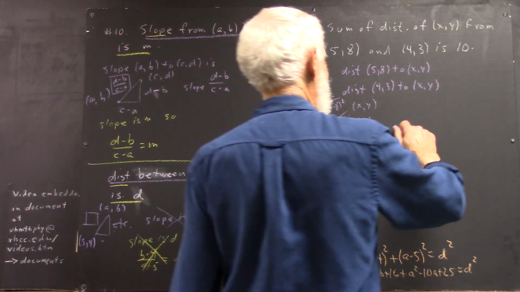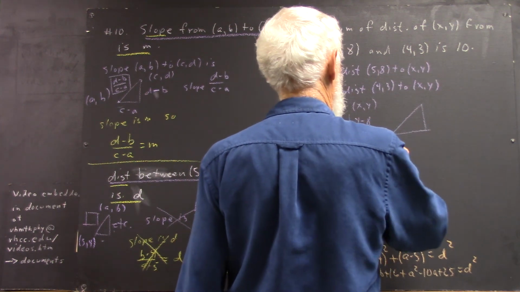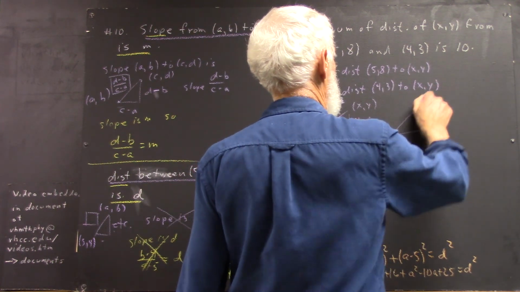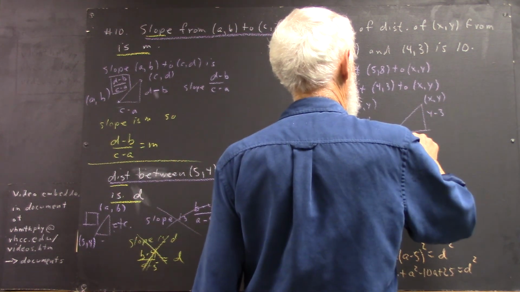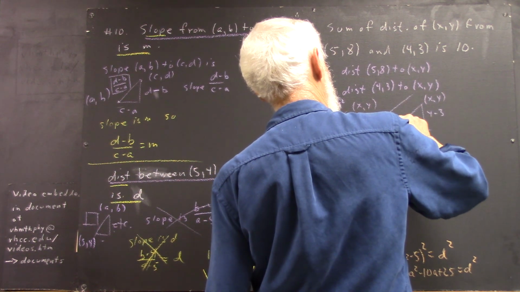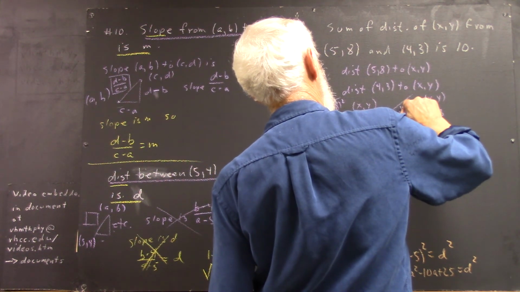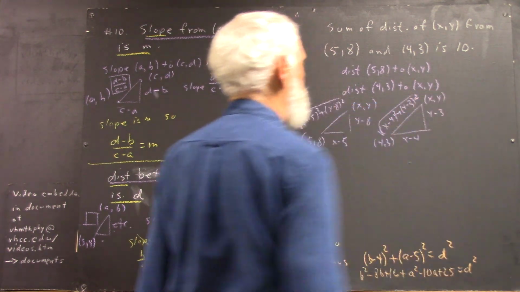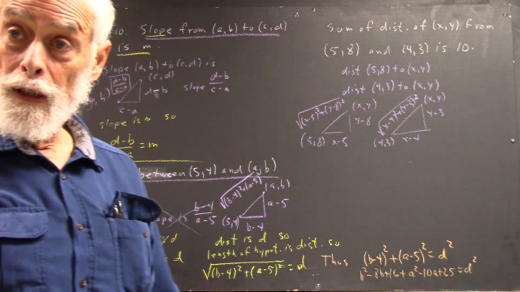Okay? And then, similarly over here, we got 4, 3, and we have xy. So we have y minus 3, x minus 4, square root of x minus 4 squared plus y minus 3 squared. Okay? So we just add them. Yeah, so now we have those distances.